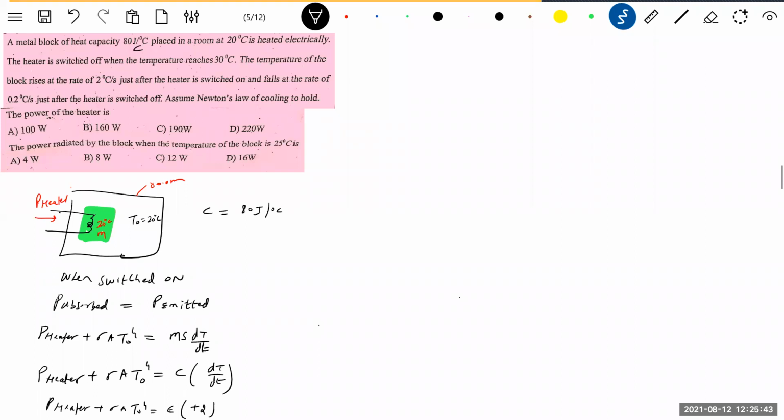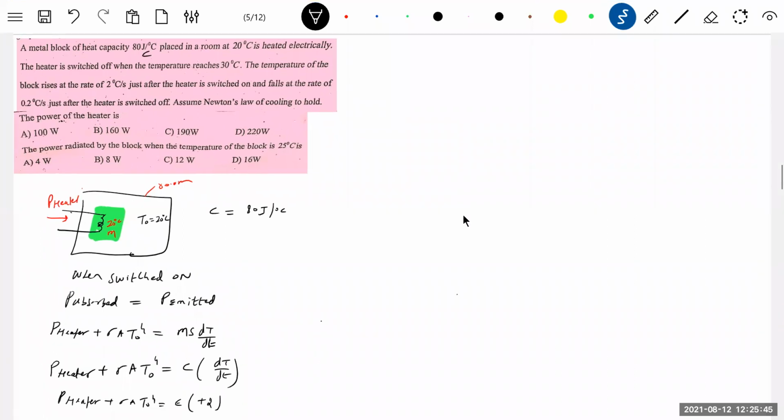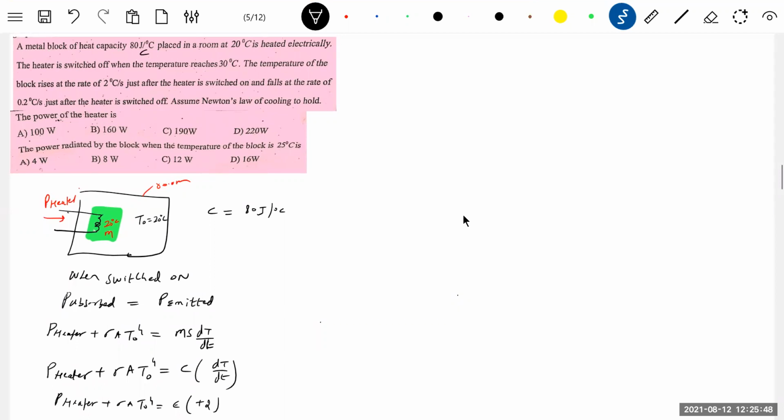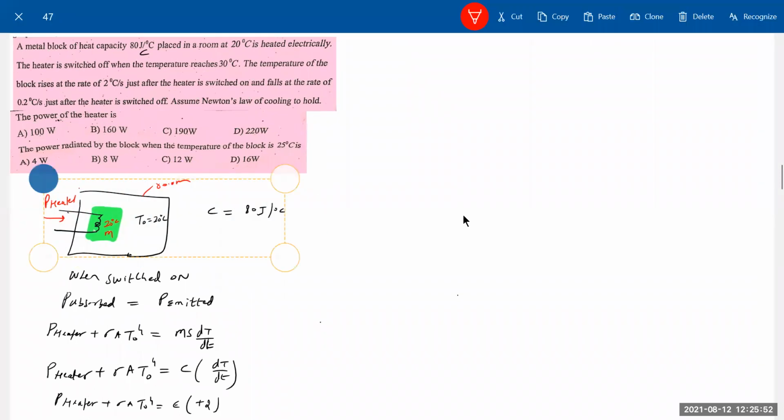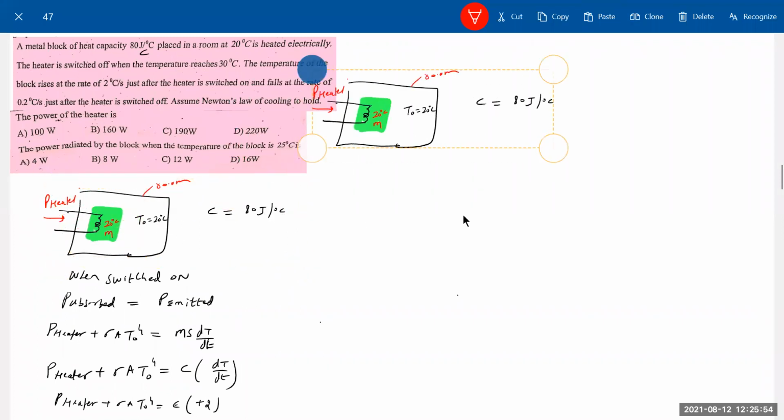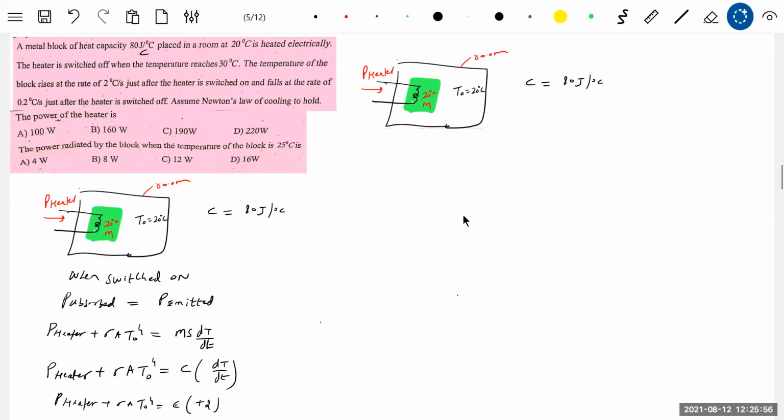When the heater is switched off, we'll discuss. I think I have only this much of the method available. The heater is switched off when the temperature of this particular block reaches 30 degrees Celsius.